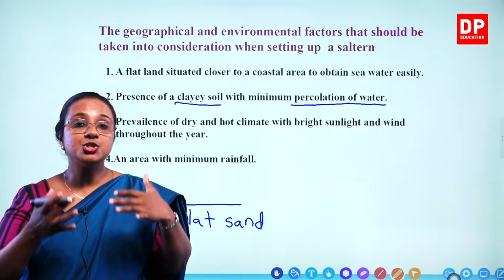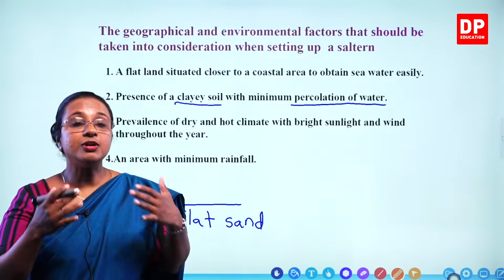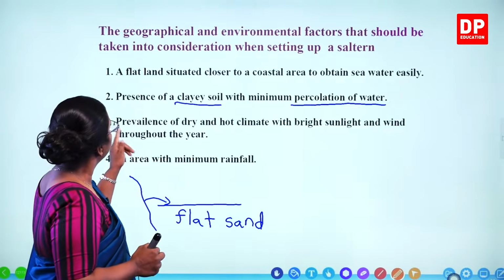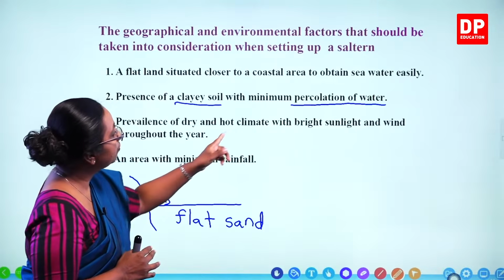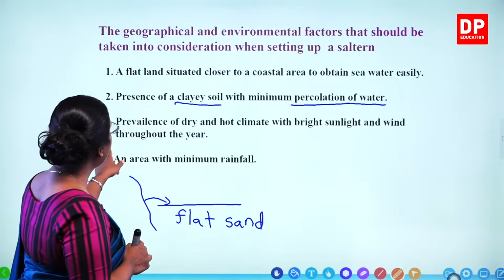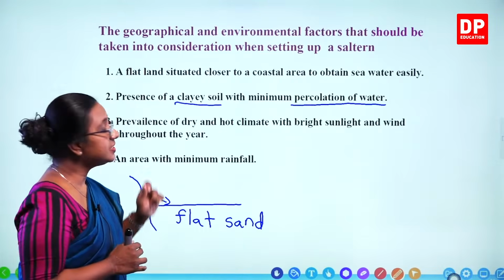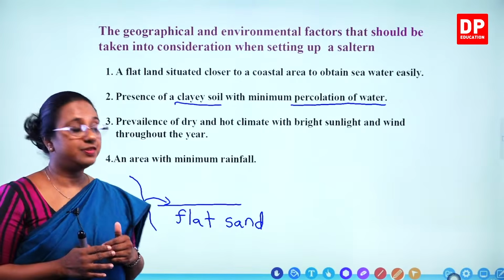That means it should be able to retain water without allowing it to pass through. Prevalence of dry and hot climate with bright sunlight and wind throughout the year. This is to make sure that water evaporates efficiently.